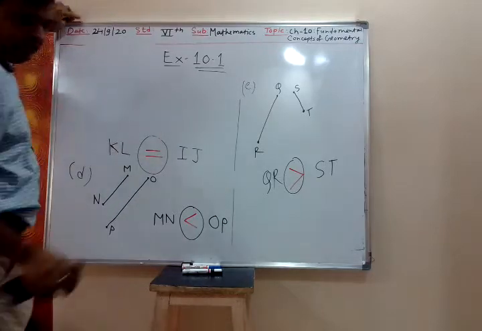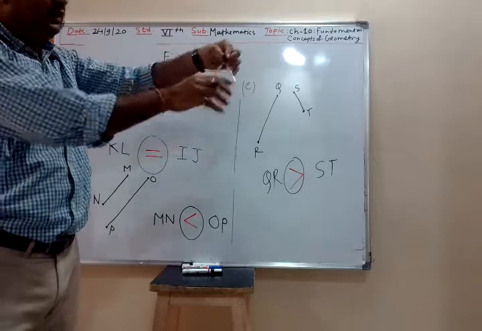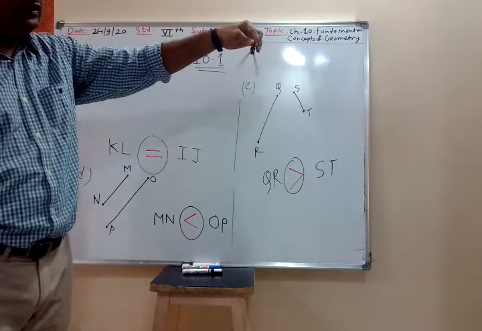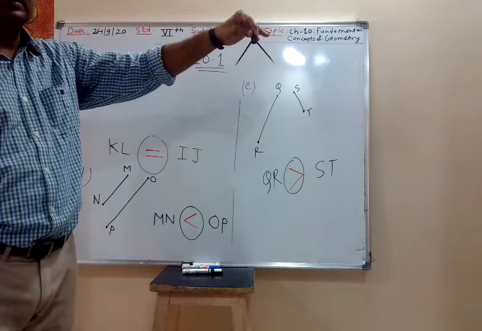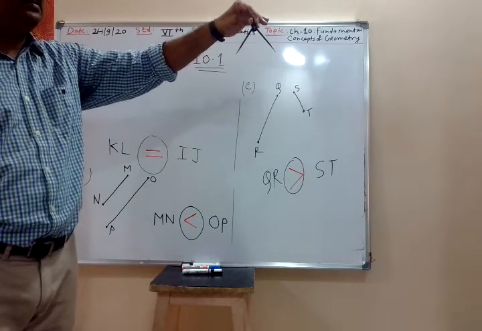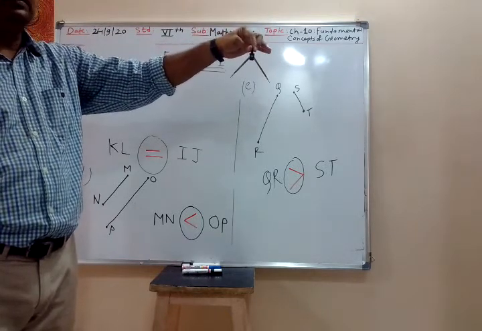So the first part of the geometry box is this instrument, which is known as the divider. Using the divider, we measure the length of the line segment and then we can compare which is bigger or which is smaller. So this instrument is known as divider.